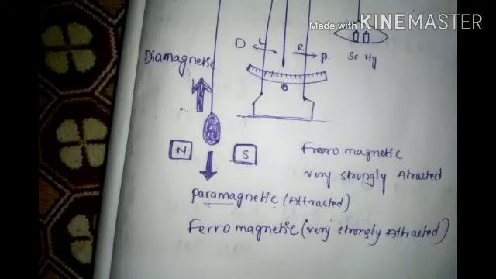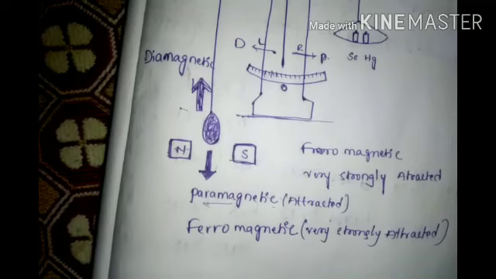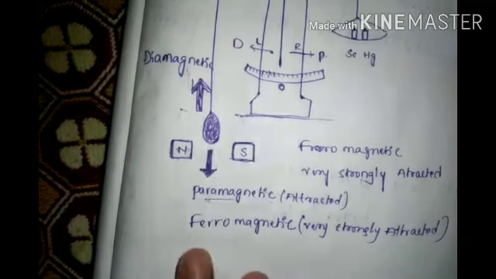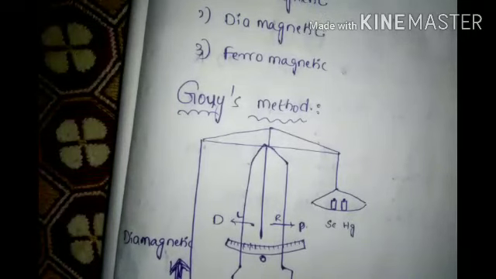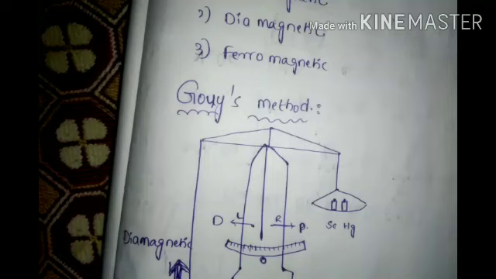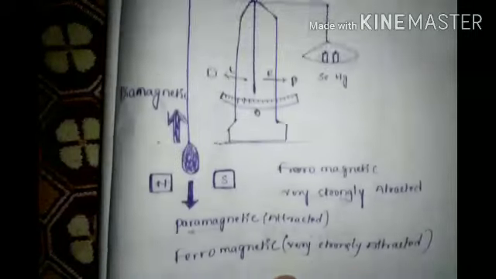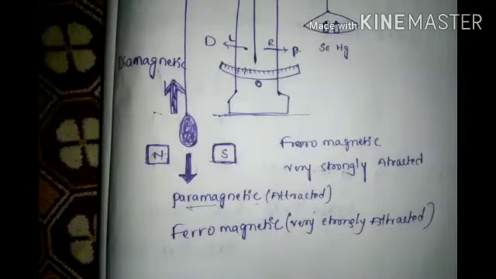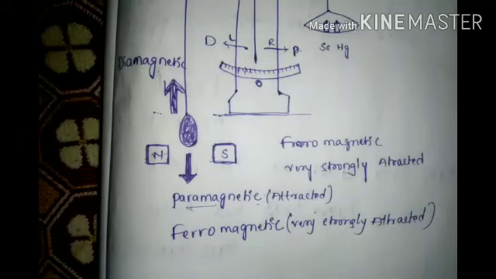Very strongly attracted is called ferromagnetic. These three kinds are found by the method called the Gauss balance, the Gauss method. Based on this method we find out whether it is para, dia or ferro. This is the way to confirm the magnetic nature.